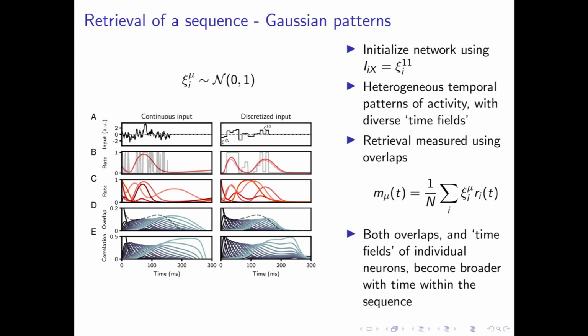This is a particular sequence, and this indicates the values of this random variable for one particular neuron at different times. So it's just a bunch of IID standard Gaussians. Now, after you structure the connectivity, you initialize the network using an external input that drives the network towards the first step in the sequence.